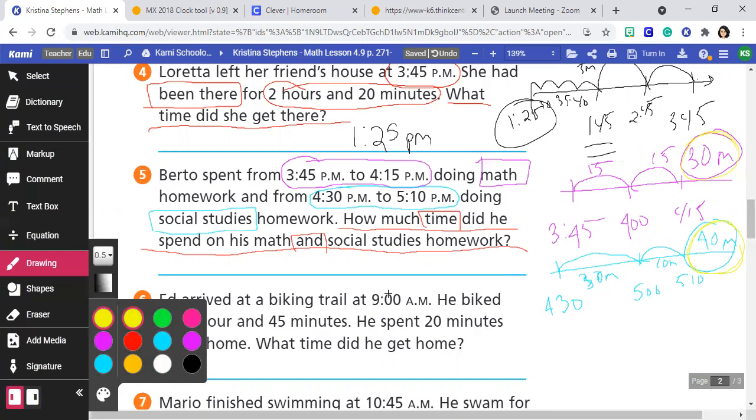So we could answer this two ways. We could say 70 minutes, but we know that there are 60 minutes in an hour. So I could also say 1 hour and 10 minutes, which would actually be more accurate. How much time did Berto spend on his math and social studies homework? 1 hour and 10 minutes.